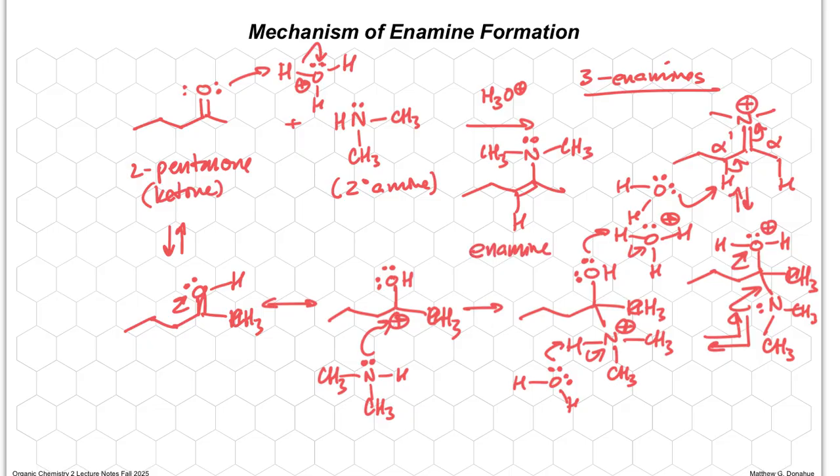So you can form the E and Z isomers from the alpha prime. If we did the elimination from the other alpha carbon, we just get a situation of that alkene, because the remaining two substituents are both hydrogen, there's no E and Z possible.